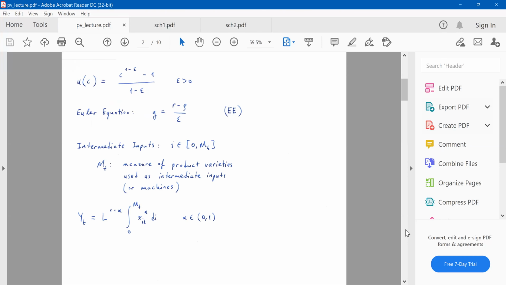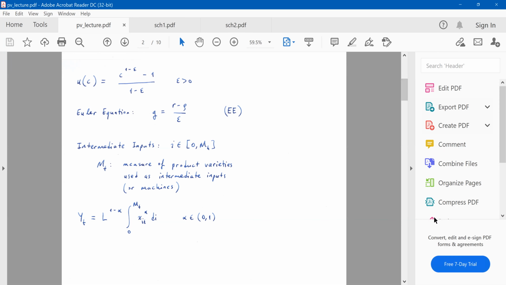So here we assume a model in continuous time. There is a household, right? So a representative household is there. They have this isoelastic utility function, and they accumulate assets, right? So you know that the consumption saving decision of such a household is represented by this Euler equation, right?